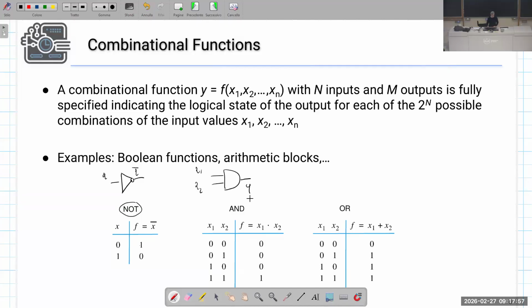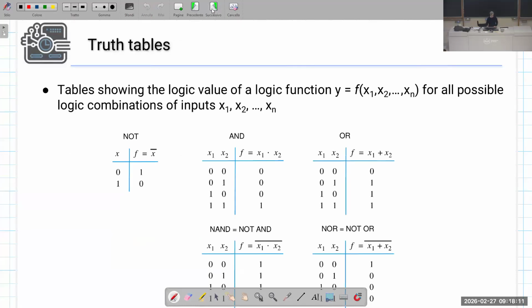And similarly, we can do this for all the other combinational functions. Let me move. Okay. Among all the combinational functions, this approach that I have introduced to fully describe a combinational function is called a truth table.